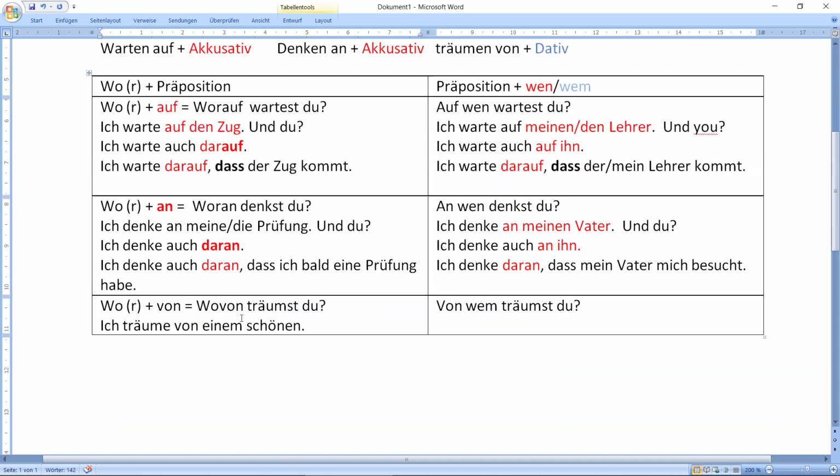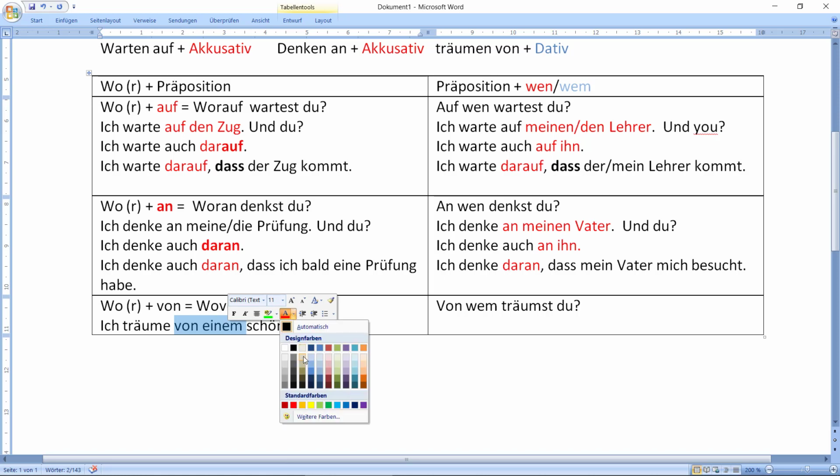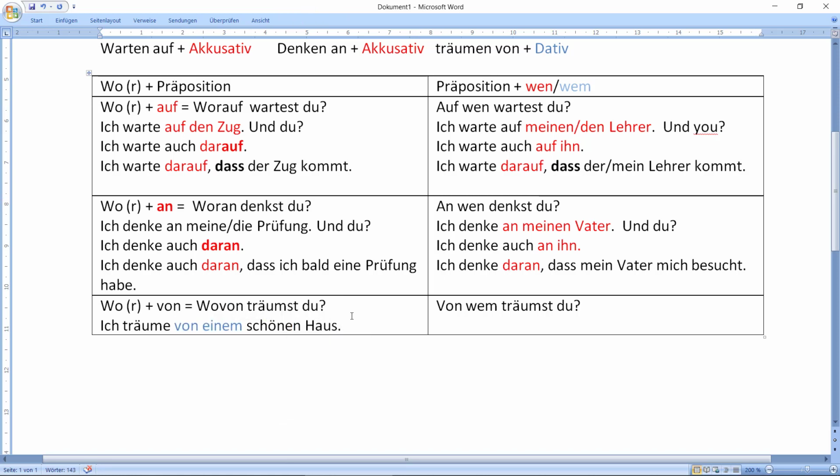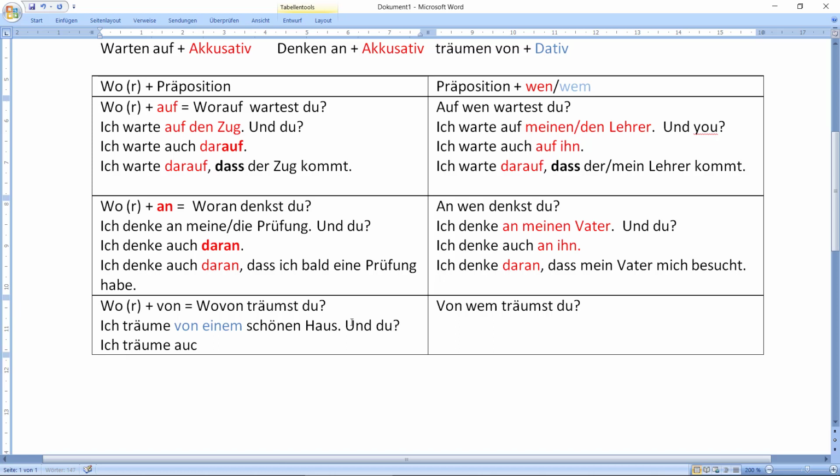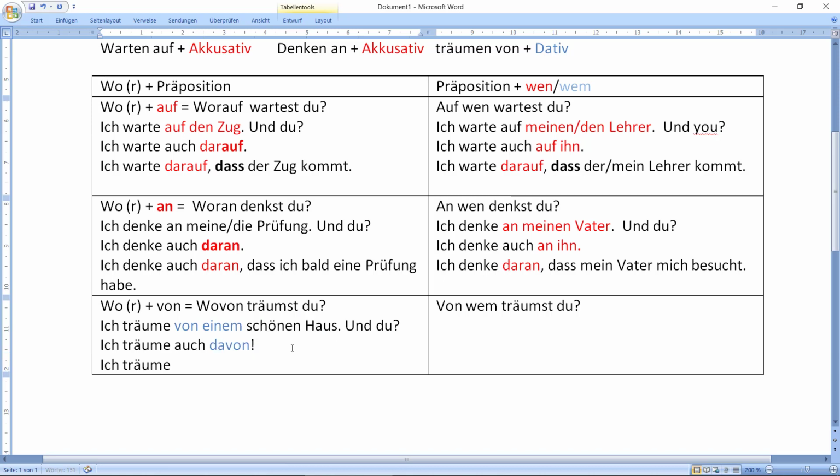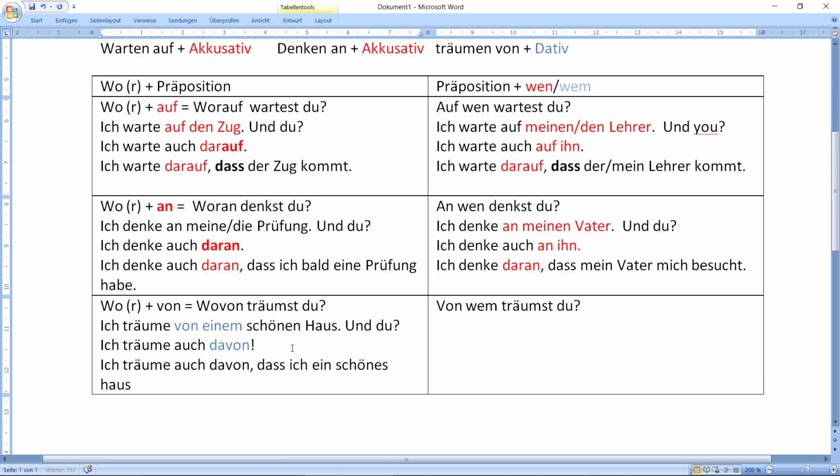Wovon träumst du? Von einem schönen Haus. So, ich träume von einem schönen Haus. Das ist Dativ, blue. Ich träume davon. Und du? Ich träume auch davon. I am dreaming also about it. Another sentence. Ich träume auch davon, dass ich ein schönes Haus habe.